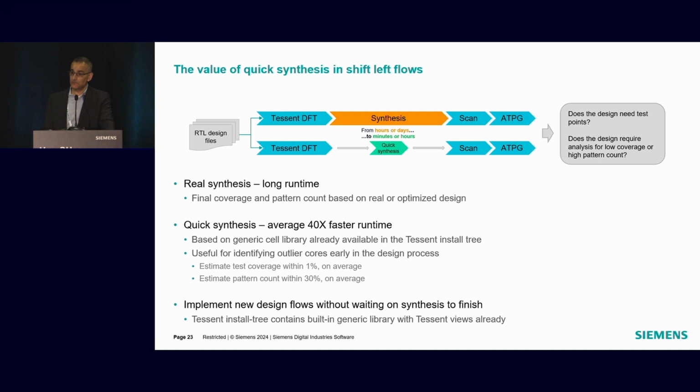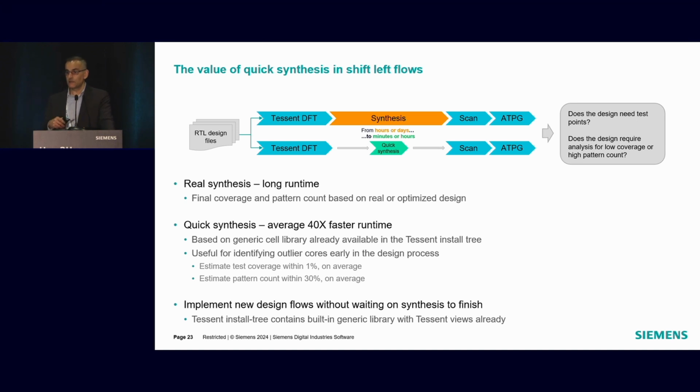But for coverage debug, it's a really good tool because you can add RTL much earlier without having to wait for somebody to do a very optimized synthesis for you. You can get a pretty good idea of where the problem areas are, where you have to do some debug and get better results.